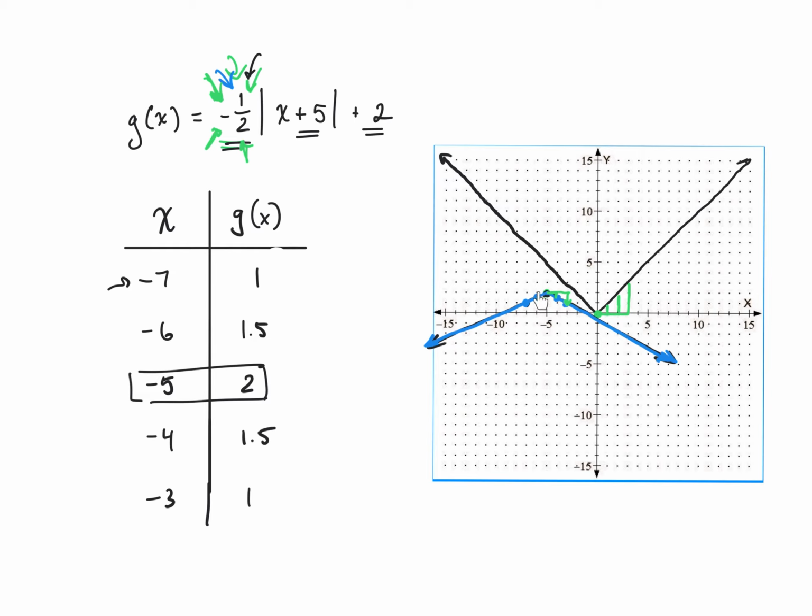If I go left 1 and down half of the original amount, normally I would go left 1 and down 1, the 1/2 is actually telling me to only go half of that distance, which puts me at a half increment value. So normally I would go left 2 and up 2, but the negative tells me to go down, and I'm going to go half of 2, and half of 2 is 1, so I end up at my point, which is nice because it's mapping up here.